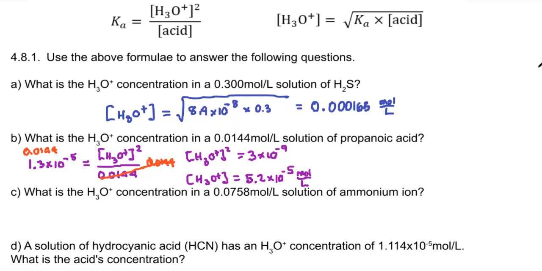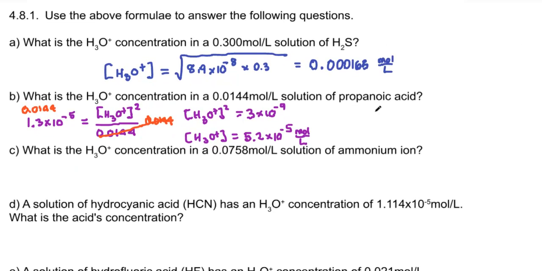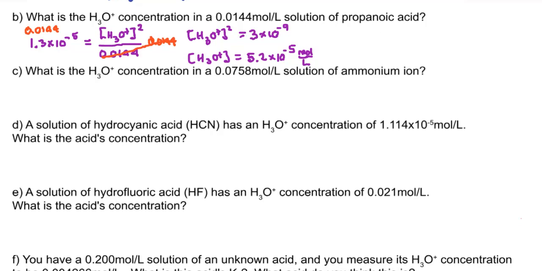Okay, I'm going to pick up the speed a little bit and let's hammer through the rest of these. Okay, concentration of ammonium ion, H3O equals root. Acid constant for ammonium is 5.6 times 10 to the minus 10 times 0.0758.